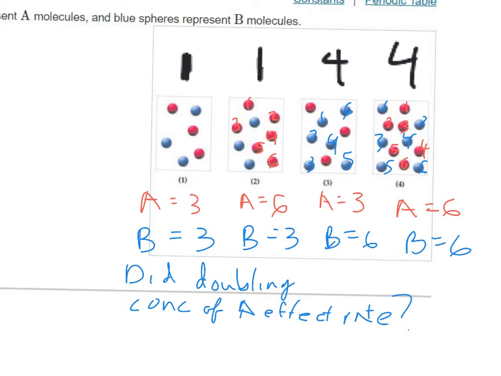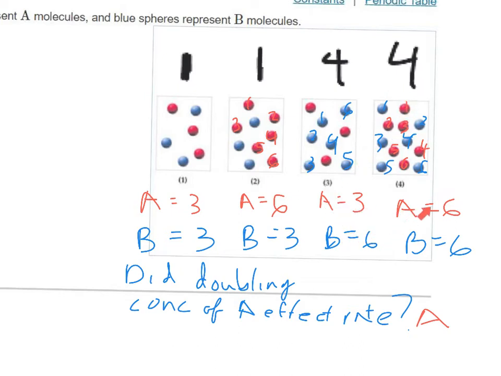We can find further evidence of this if we look at experiments 3 and 4. In experiments 3 and 4, once again, our concentration of B is the same. Both have concentrations of B equal to 6. We doubled our concentration of A, but yet the rate of 3 is the exact same as the rate of 4.